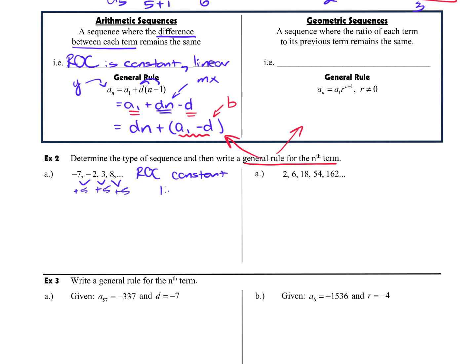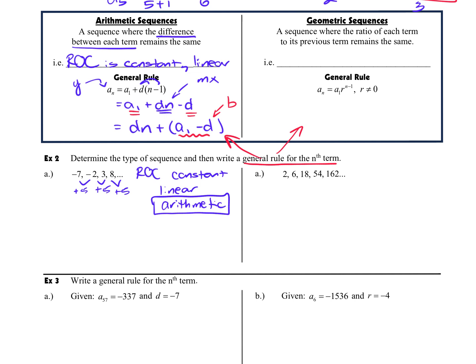We would previously have said that that was linear, and now we're going to say that this is arithmetic. So this is one of those places where, yes, it's linear, but if it's asking for the type of sequence, we would say arithmetic. We don't call it linear, we call it an arithmetic sequence.